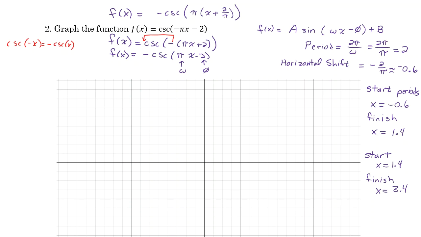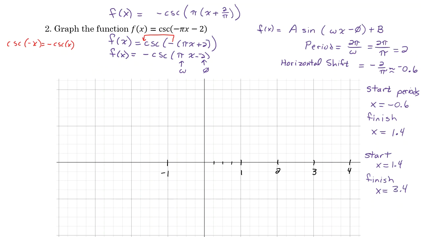Let's see. I guess we could make this 1, 2, 3, 0.4, and then this would be negative 1. Okay, so then each of these would be like 0.25, 0.5, 0.75 kind of a thing. So we're going to go ahead and graph, let me do this in a different color.